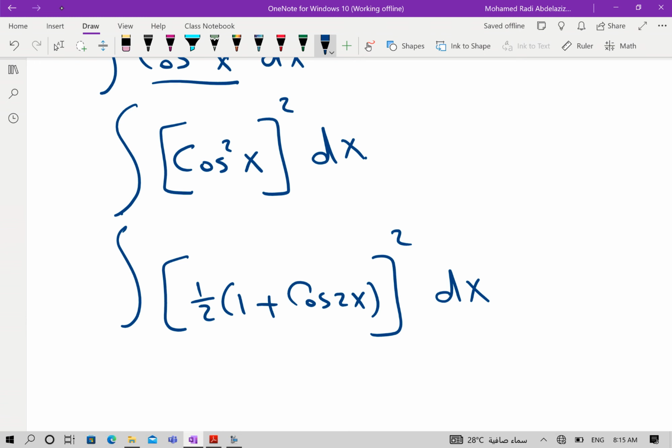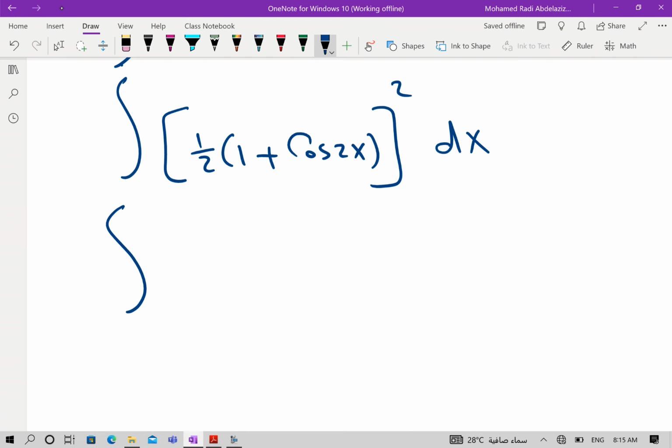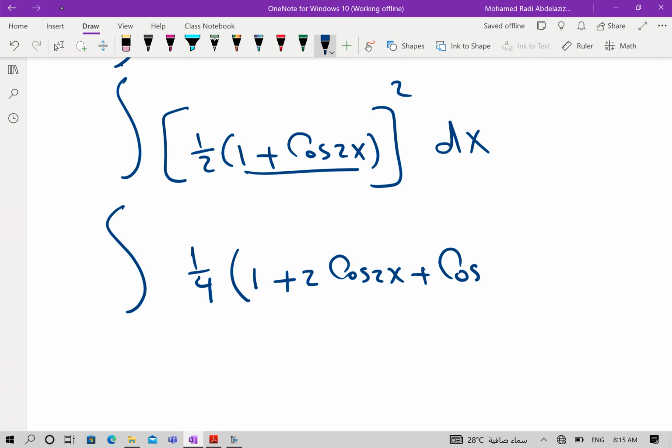Expand identity power of 2, you will get 3 terms. 1 over 2 squared will be 1 over 4, first squared, first by second by 2, second squared, cosine squared 2x by dx. Again, identity, cosine squared 2x, remove it and write what? Half 1 plus cosine 4x.